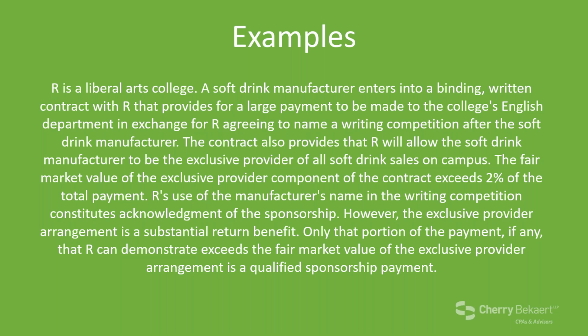So the use of their name in the competition is just an acknowledgement, but the right to be the exclusive provider of products on campus has to be valued. In this example, it states that the right to do that exceeds 2%. In reality, I think it is difficult to quantify that. That's probably the most challenging thing with exclusive provider arrangements, coming up with the value of that benefit.